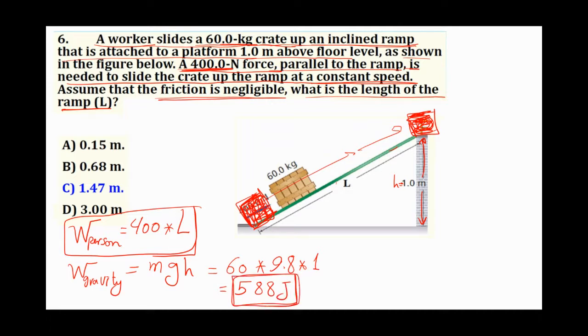So actually, the 588 joule is the work, or the minimum work needed to lift this object up the platform.